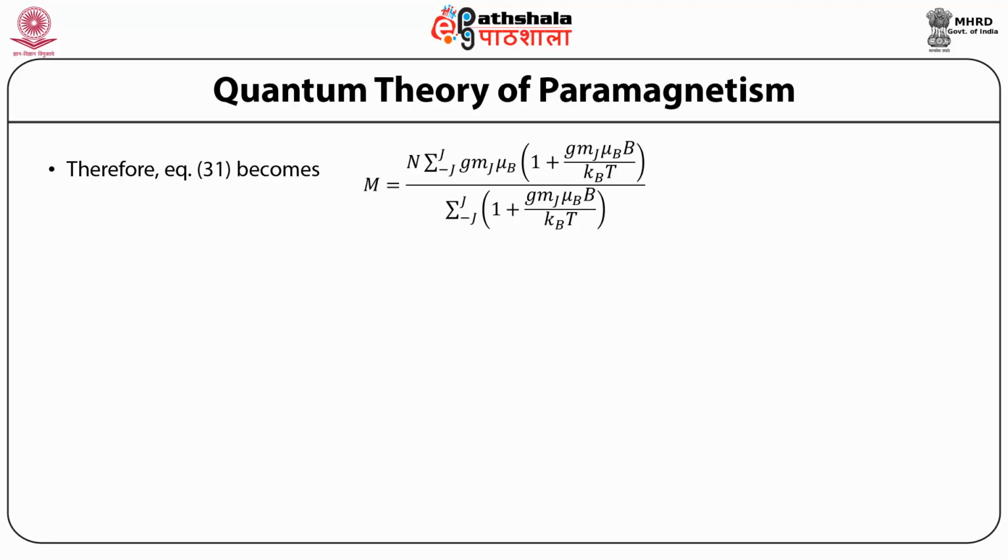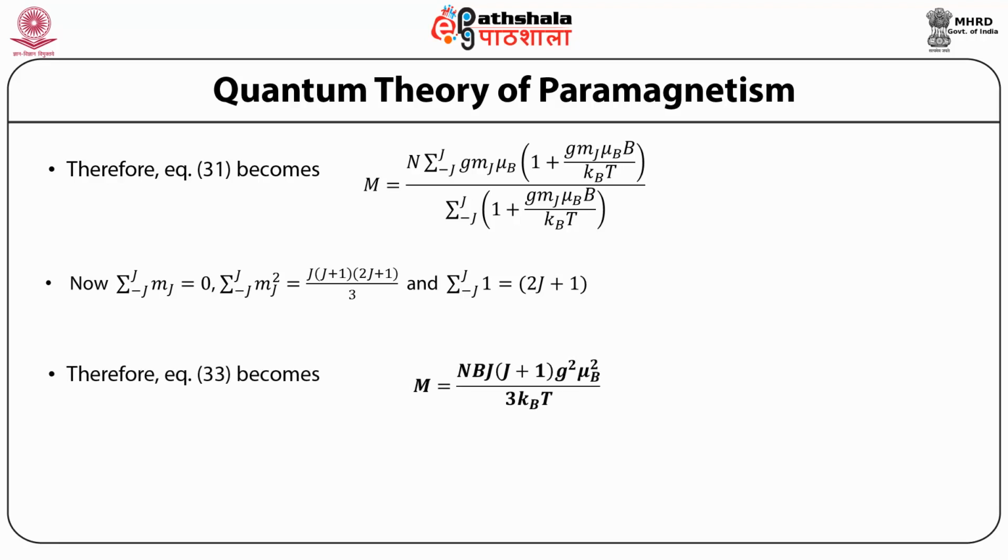M = N Σ from -J to J of g mJ μB (1 + g mJ μB B / kB T) over Σ from -J to J of (1 + g mJ μB B / kB T). The summation of mJ from -J to J is 0, the summation of mJ square is J(J+1)(2J+1)/3, and the summation of 1 from -J to J is 2J+1.